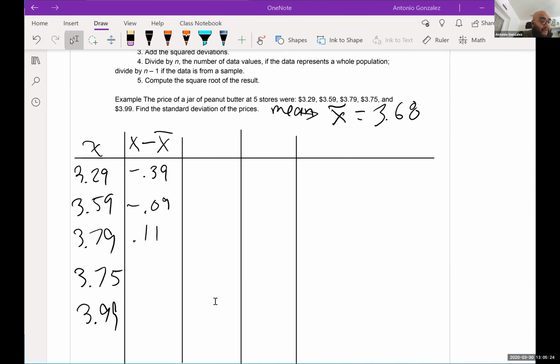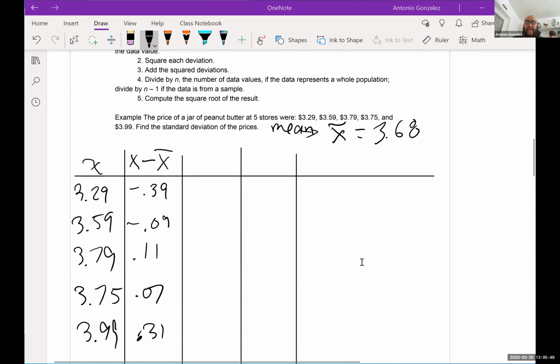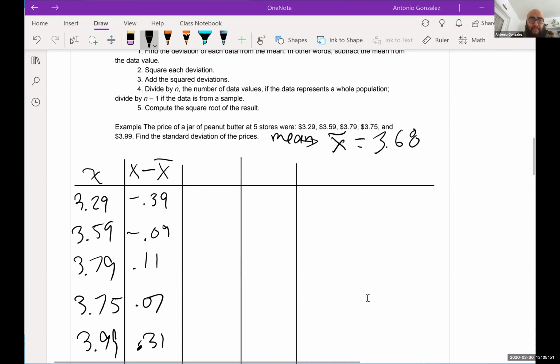Now let's look at 3.75, and that is 0.07. And then 3.99 minus 3.68, and that gives me 0.31. Okay. Any questions so far? So we've done part 1.